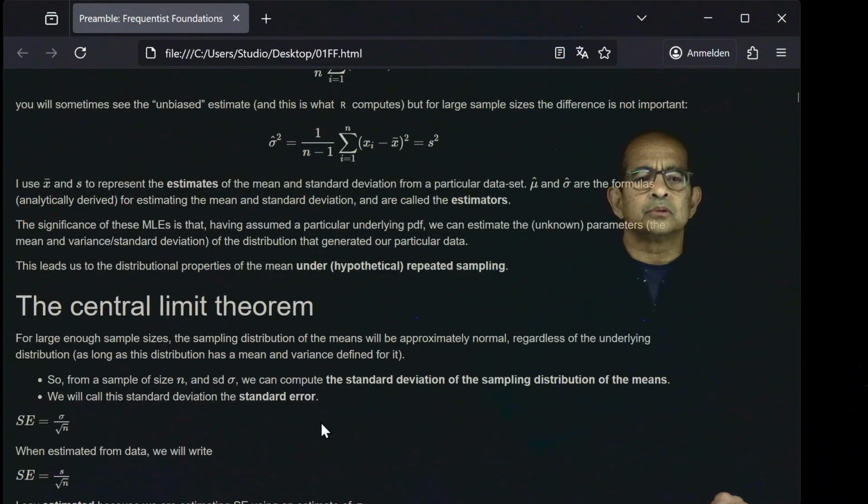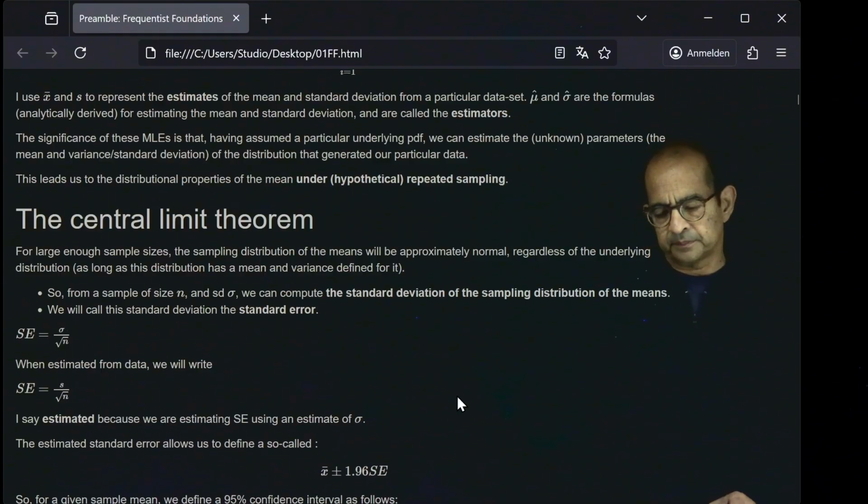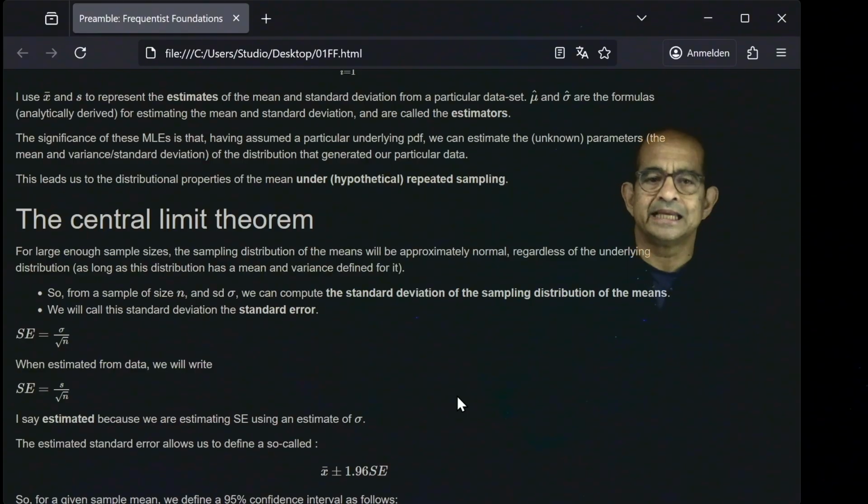Okay, so what good are these estimates of the sample mean and sample variance? Well, one very important application of these parameter estimates is to carry out null hypothesis significance testing. And what lies behind the null hypothesis significance test is the central limit theorem, which states the following.